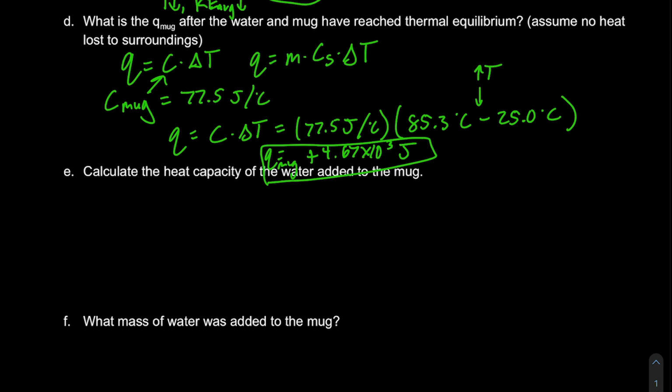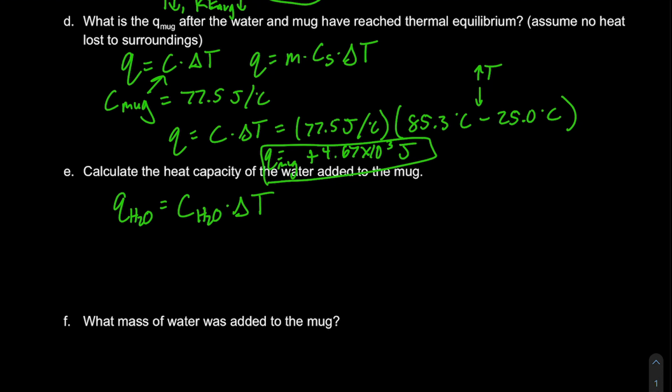Well, then we want to connect this back to, well, what's happening to the water? So we want to calculate the heat capacity of the water added to the mug. So again, if we're going to use heat capacity, we're probably going to use this first relationship that we just mentioned, the heat capacity of the water times our change in temperature. Again, we're not trying to find the specific heat capacity, we're just trying to find the heat capacity.